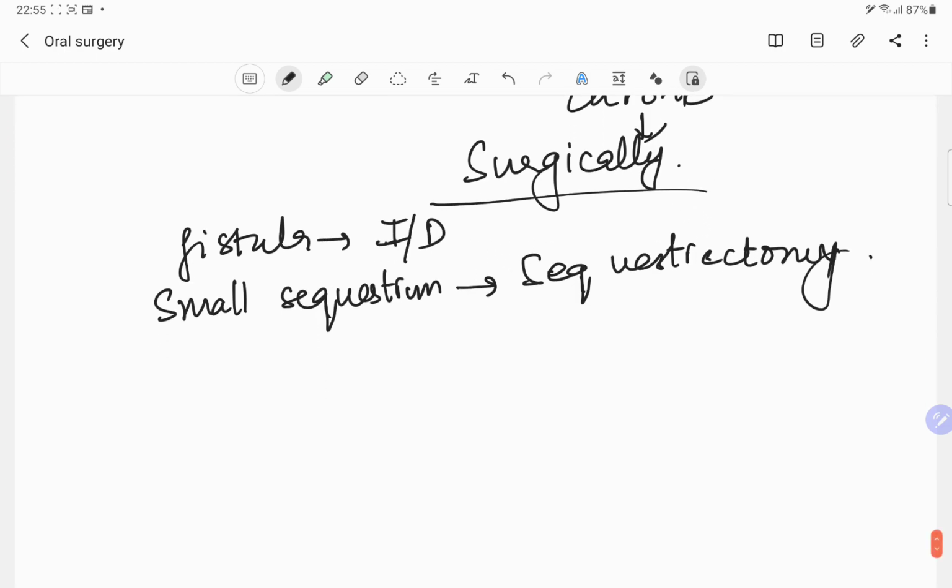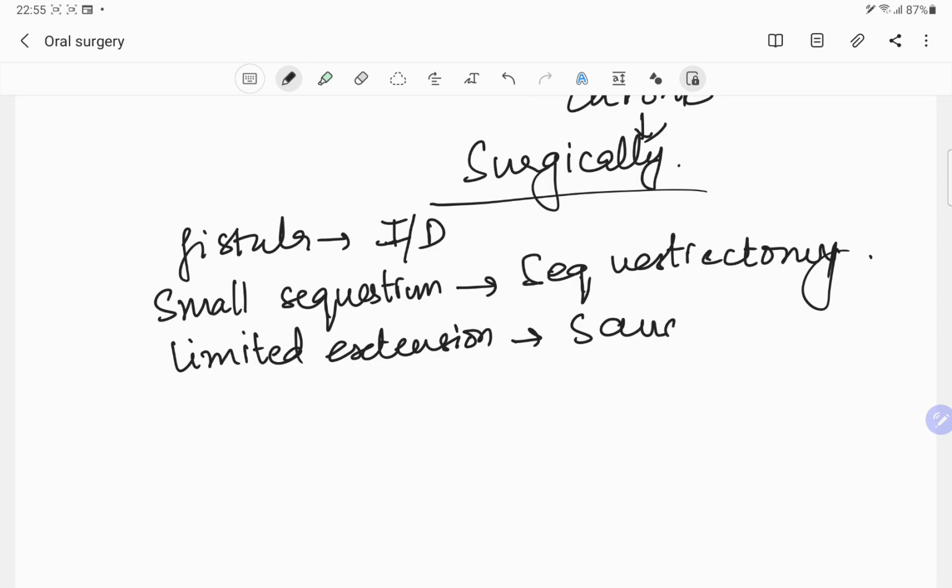If the lesion size or sequestrum is moderate, so if we are extending the bone removal, then we are doing saucerization. If there are large lesions, we do decortication. That means removing the cortical bone also.